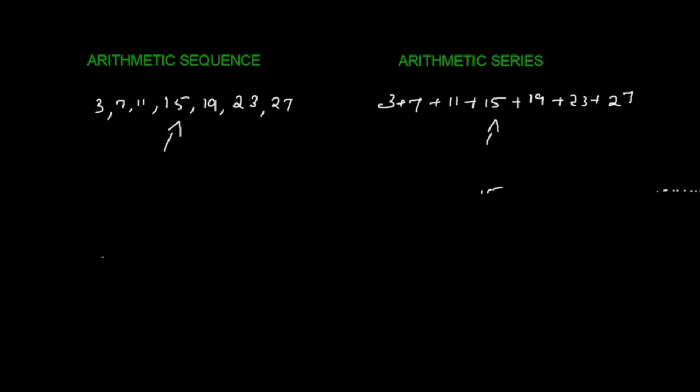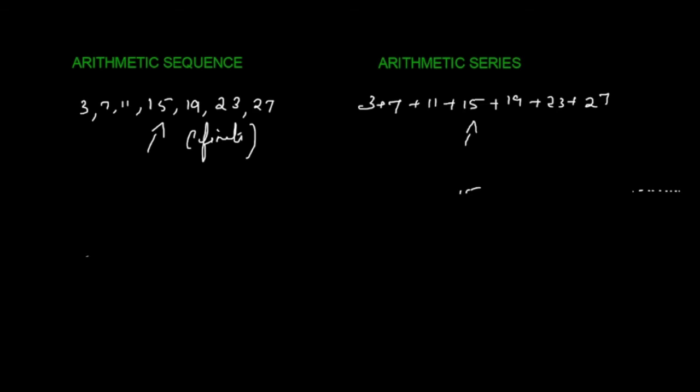Why is it finite? Because it has a beginning and an end. This is the beginning number and 27 is the ending number. So that's why this is a finite sequence, right?